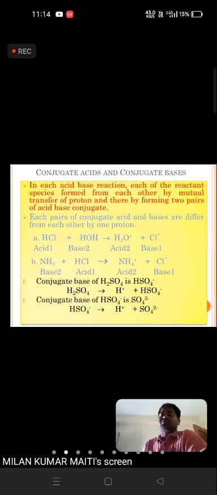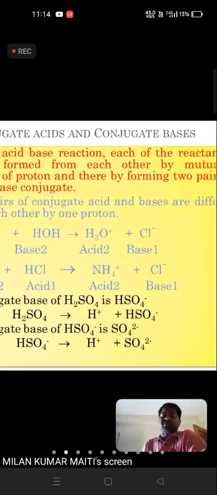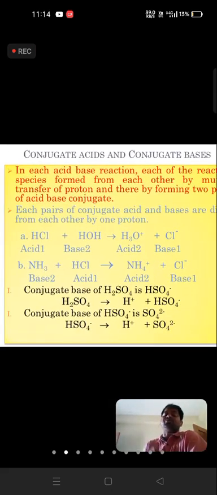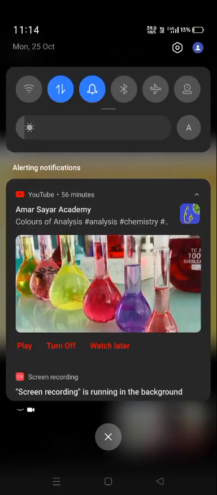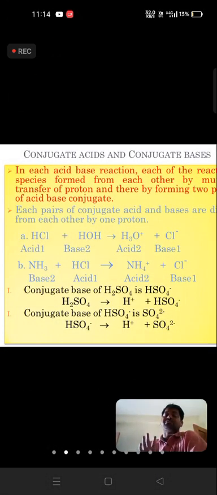That's why the water molecule is converted to the hydronium ion, H3O plus. So HCl and Cl minus is a conjugate acid-base pair, and water and H3O plus is another conjugate acid-base pair. So in each acid-base reaction, there may be two pairs of conjugate acid-base, and each pair differs from the other by one proton.